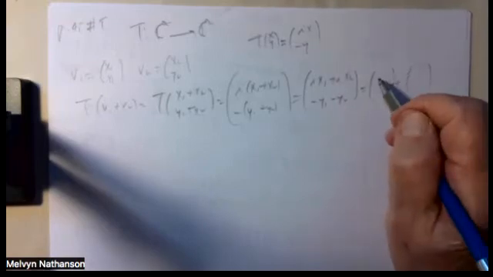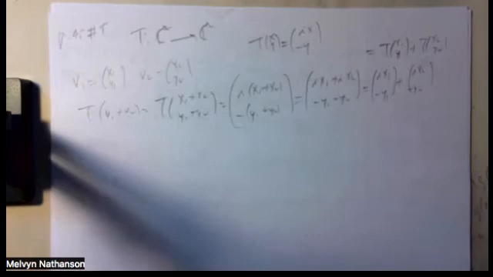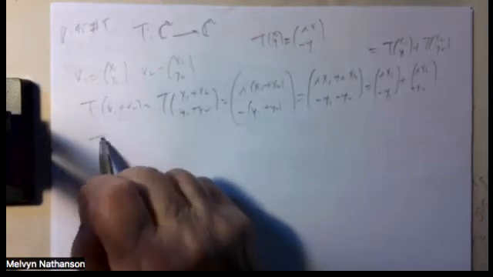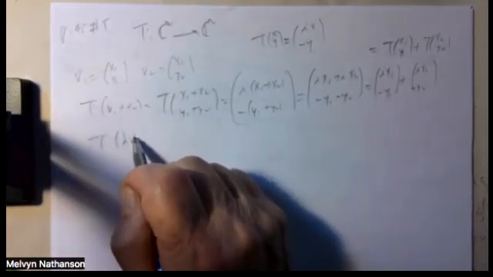I can write this as the sum of two vectors, ix1 minus y1, ix2 minus y2. This is T of x1, y1, and this is T of x2, y2. Exactly the same. And the same calculation shows that T of lambda V1 is lambda T of V1.